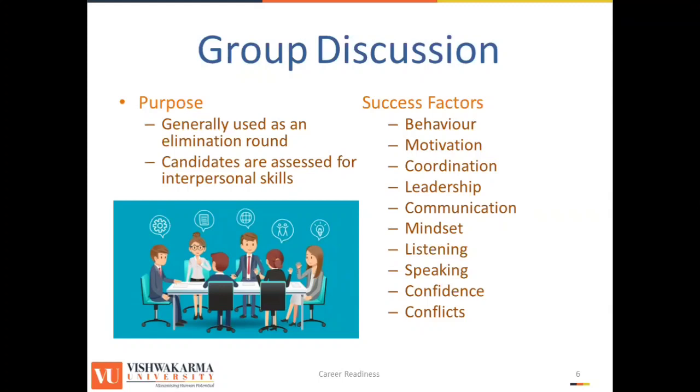Ability to speak, yes. And if you look at the list also, speaking is not at the top. Then confidence and conflict. Confidence is visible through how you speak, how you sit, how you respond to queries, what happens when somebody objects to your point of view. Do you just give up, or still try your best to articulate your point of view?